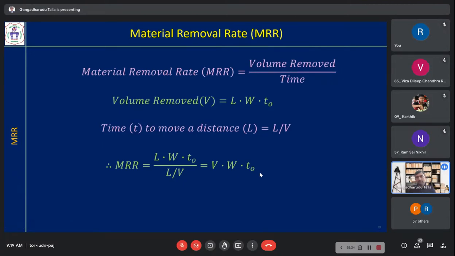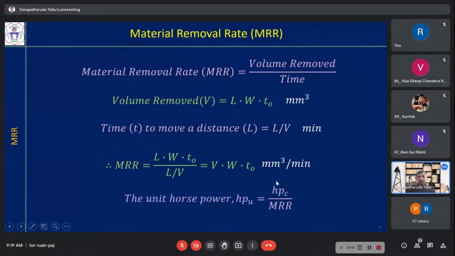So that is MRR, material removal rate. Those are the units in general: mm cube per minute is the unit for material removal rate.